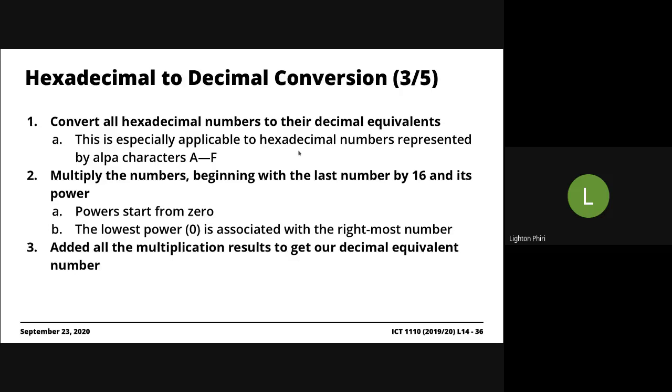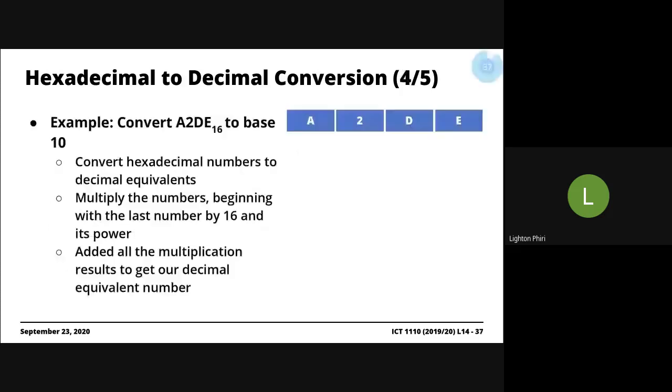So observe, this is what we mean here. If you have a number like A2DE, this is a hexadecimal number, base 16, and you want to convert it to base 10. First thing you have to do is convert the hexadecimal symbols into their equivalent decimal symbols.